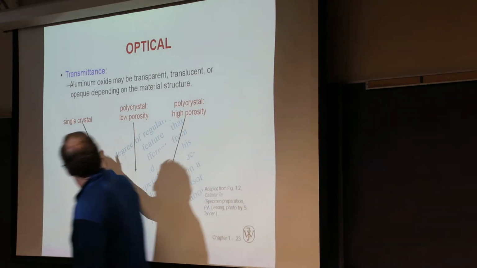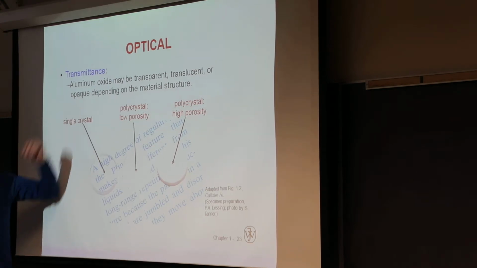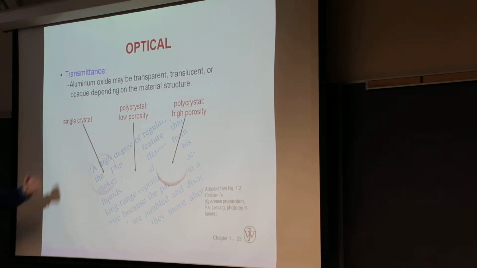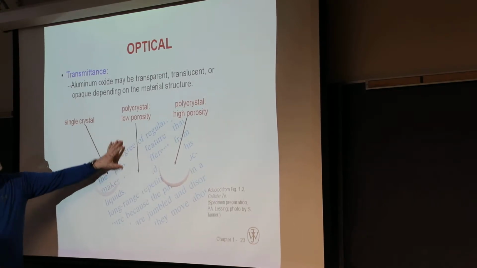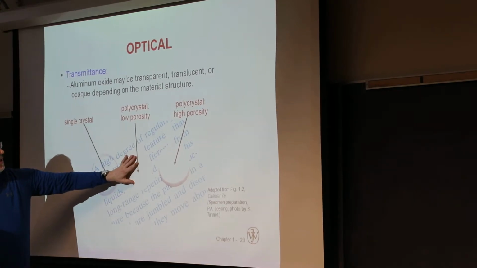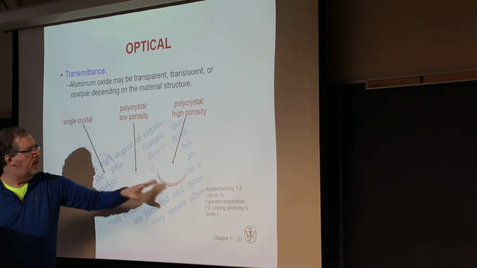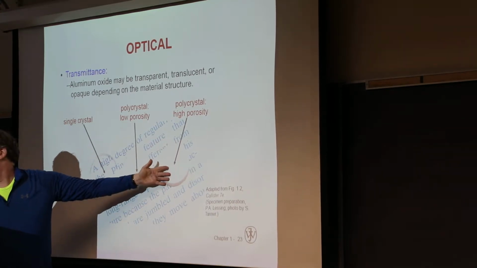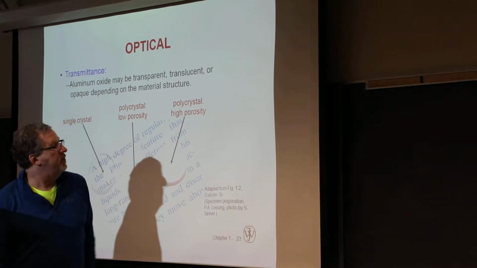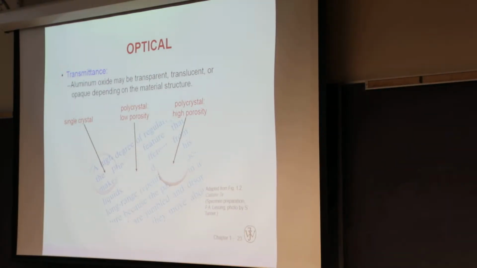Here's a single crystal of aluminum oxide, sapphire. A single crystal is clear. When it's polycrystalline, it's a little bit translucent, with porosity, and the light transmission is very opaque. All these different things are changing.